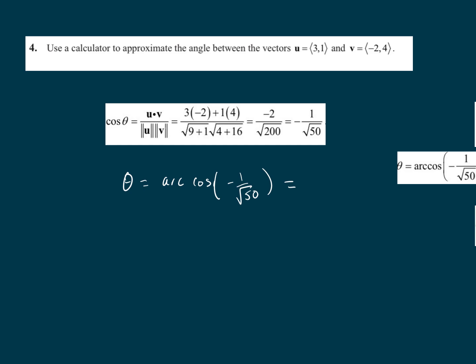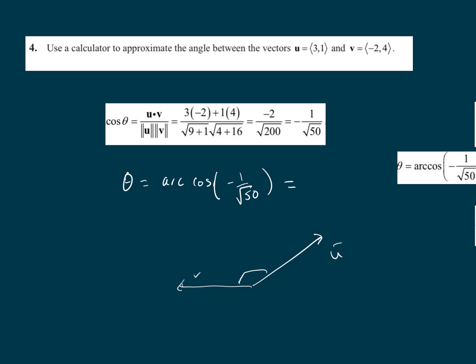So the two vectors, they go like this, and the angle will be a little bit bigger than 90 degrees because the dot product here is a negative number. Okay, and this is the problem.